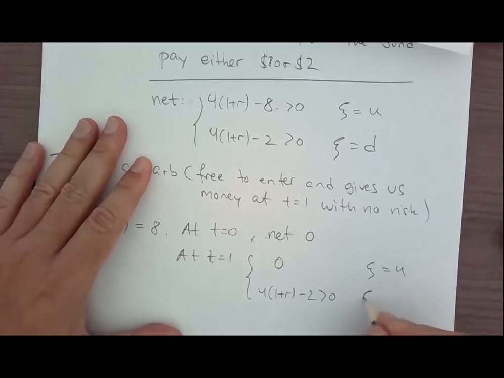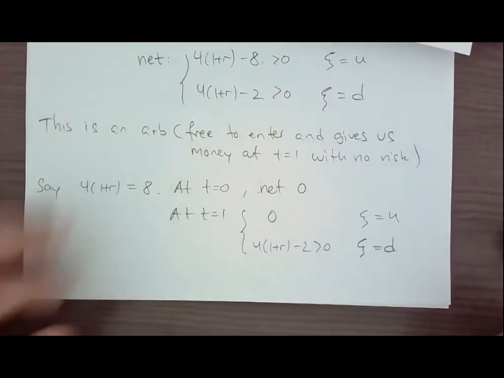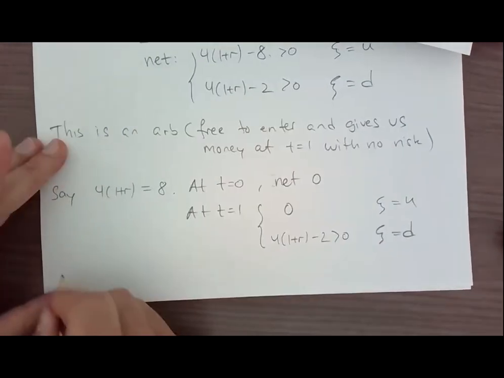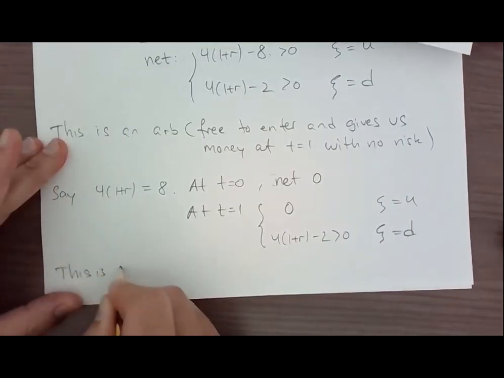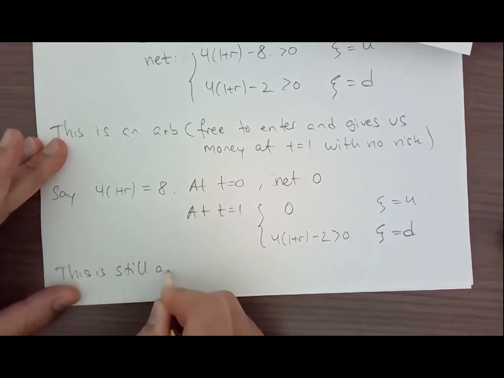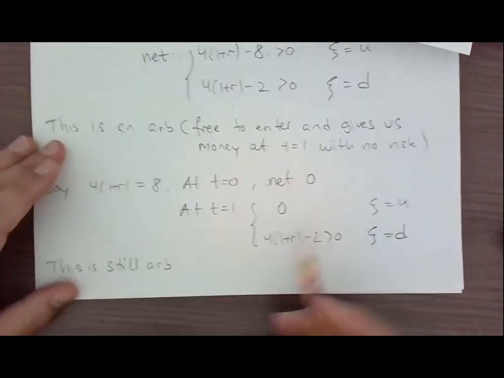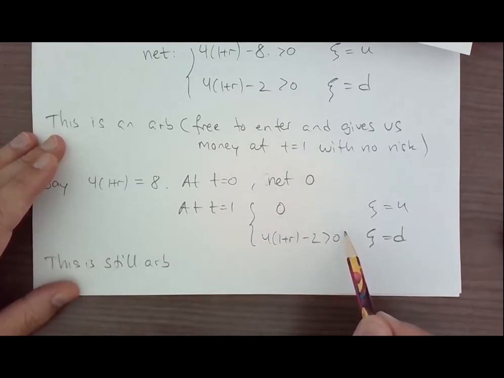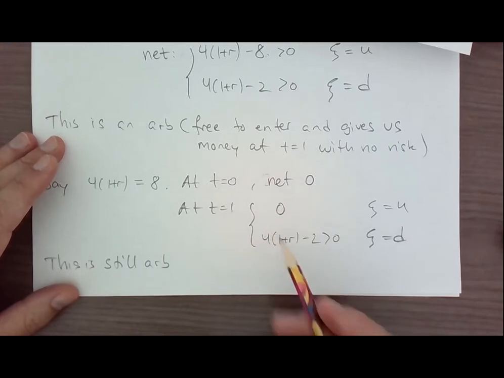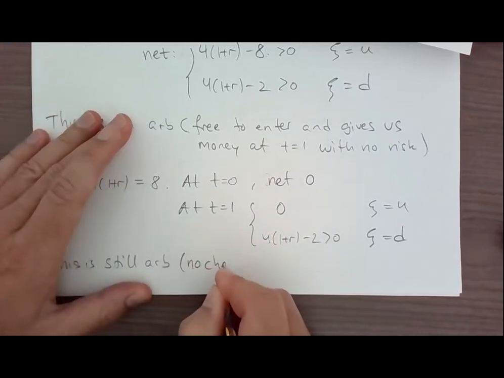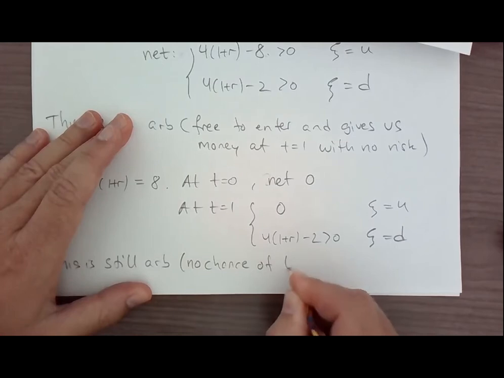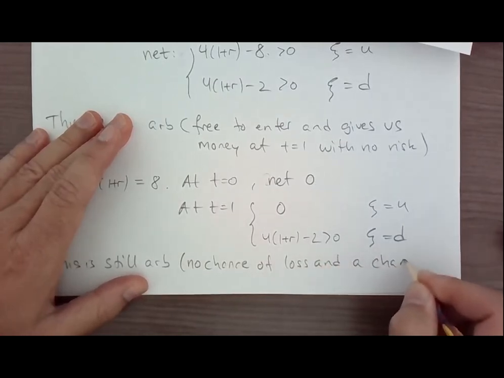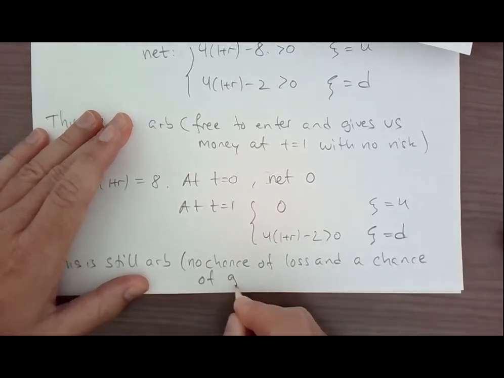You're still going to get something. This is still arbitrage, because you're not paying anything, and there is a chance of you getting money, and there's no chance of loss, and a chance of a gain.